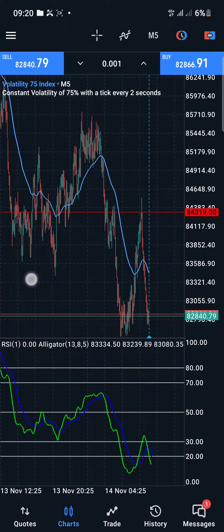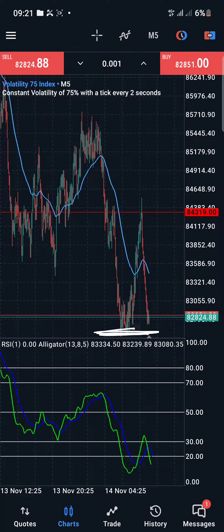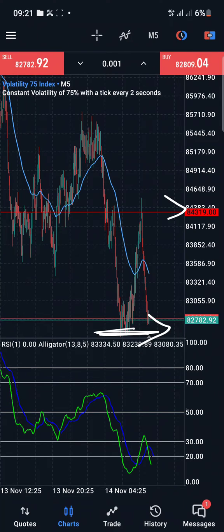Okay, so then it went down again till it got to this particular spot. It has gotten to this support zone, and of course it was unable to break out from there, so it bought again, and you can see I took my TP around here, and even though it went a bit above it, it came down again after taking my TP. That's amazing.